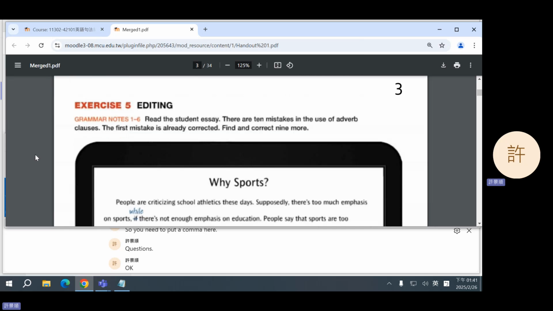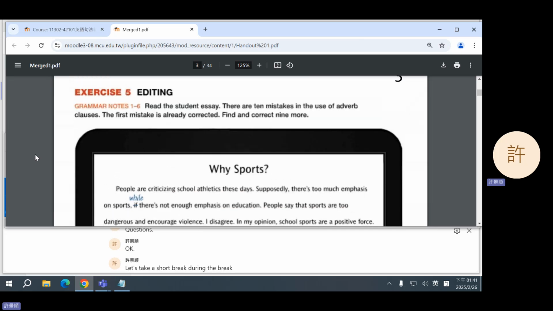Okay, let's take a short break. During the break, please do the next page.